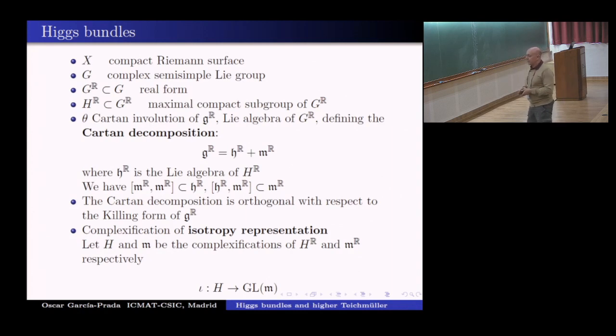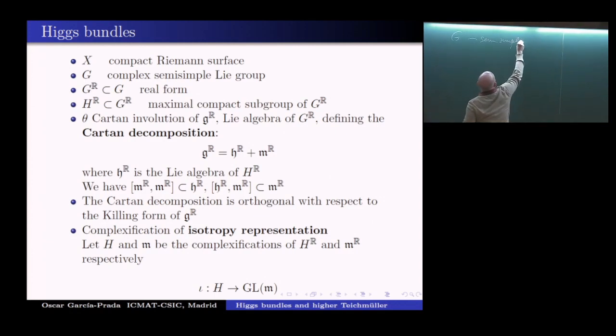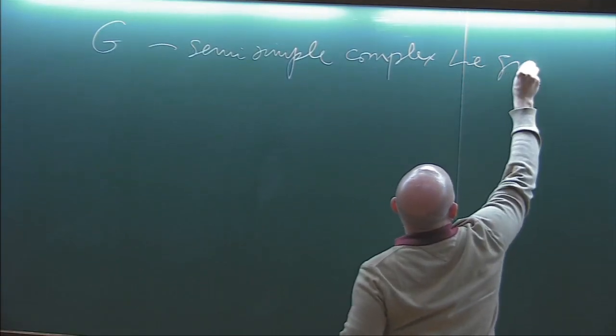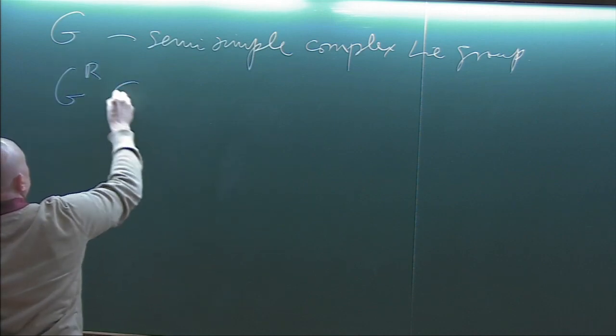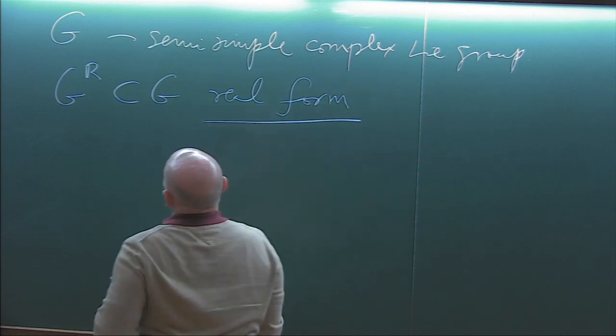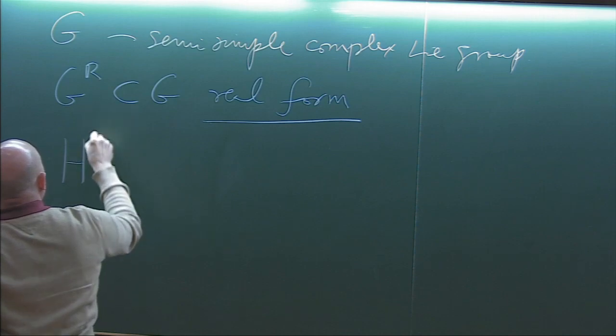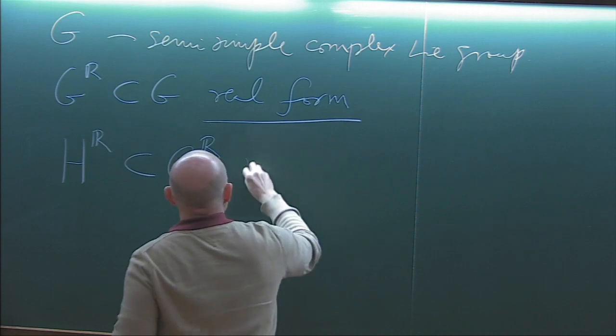I will be referring to this data several times, so I think it's good that I fix it here, because this transparency will be gone. So we have G, let me remind you, a complex semi-simple group. Then GR is a real form, and then the choice of a maximal compact HR in GR.